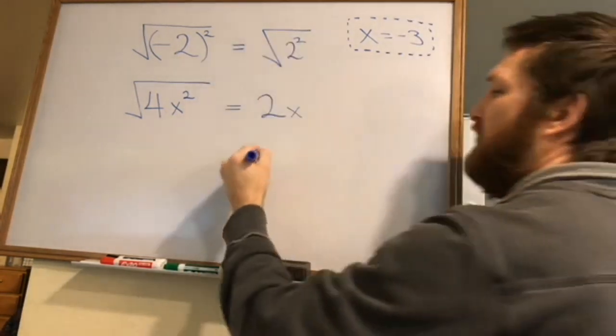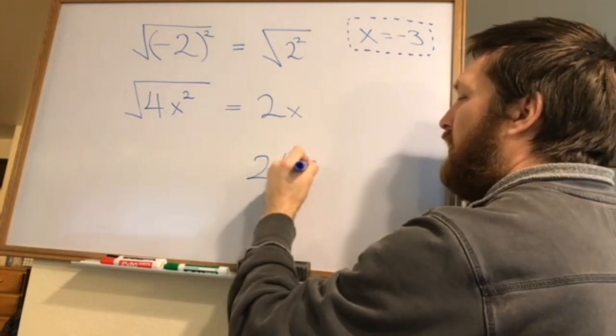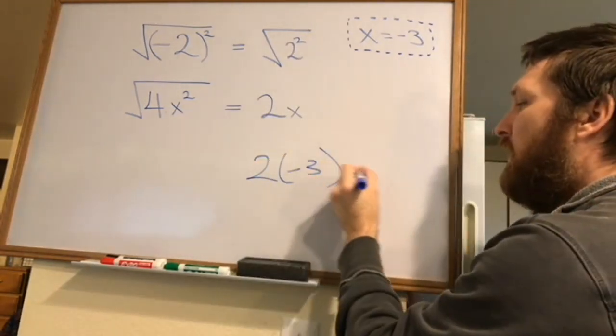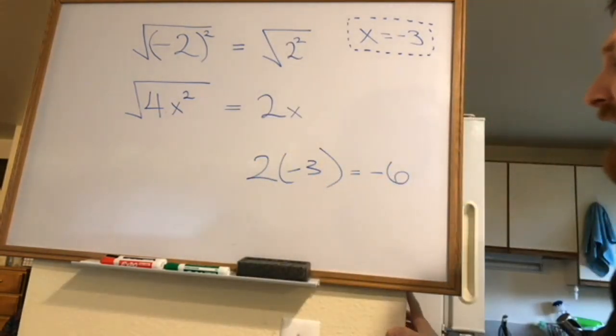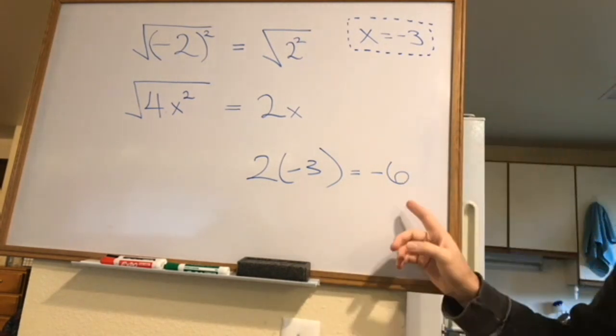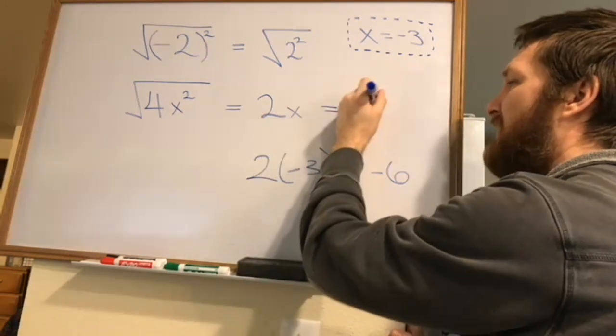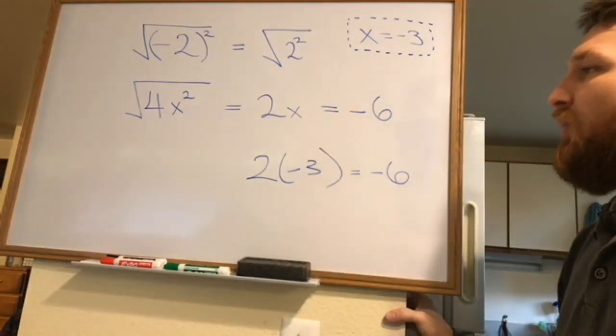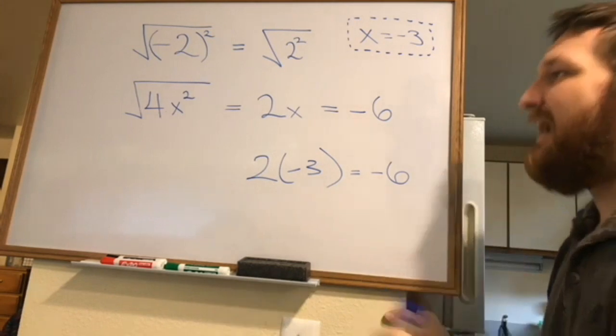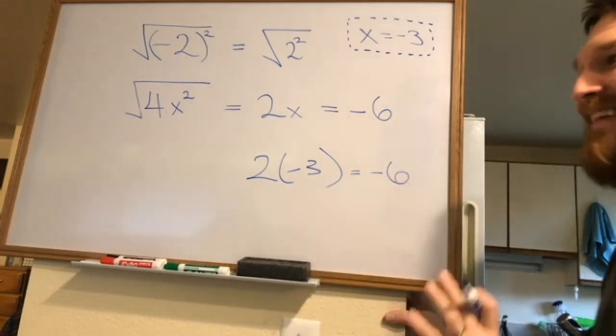Ah, I have my answer. It is equal to -6. And you'd be absolutely wrong because what you've just said here is that the square root of something is a negative number. No, it's not. We're not doing that, right?